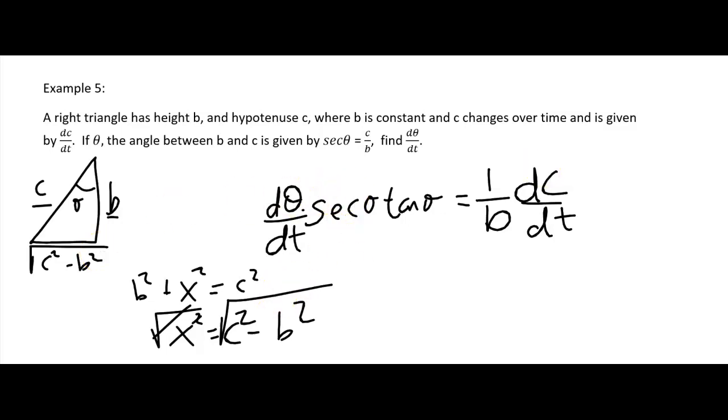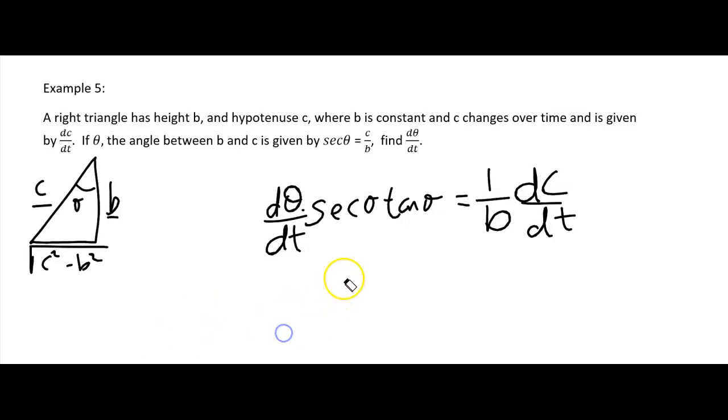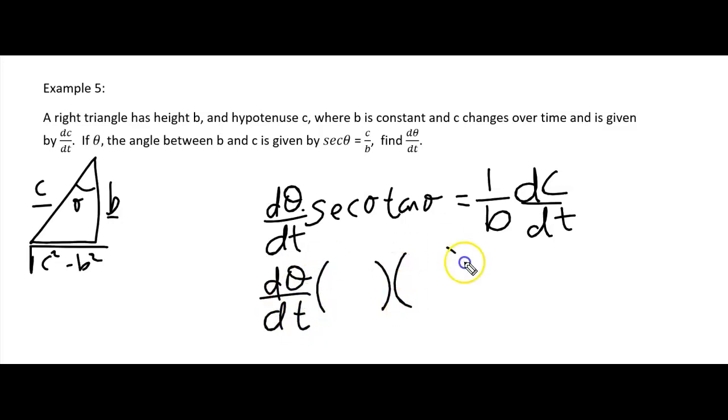Now we're going to do a lot like what we did in the last problem. We're just going to be replacing the sine and the tangent with what those things equal in the problem here. So for d theta dt, what would sine be and what would tangent be according to this triangle?